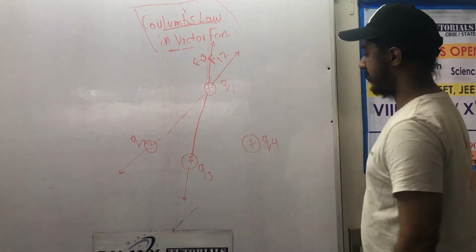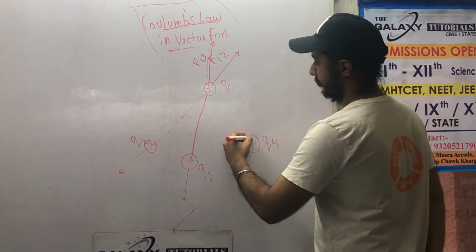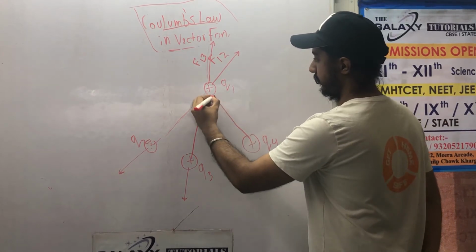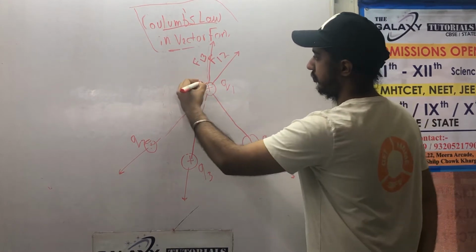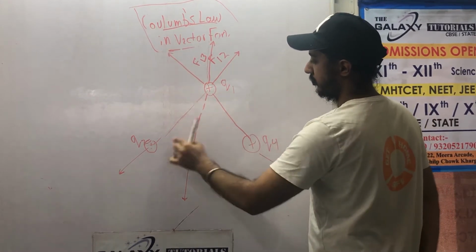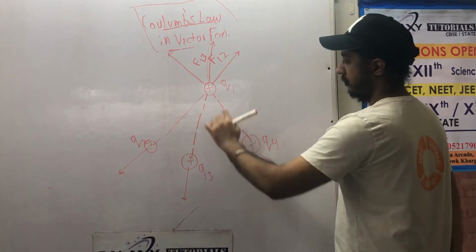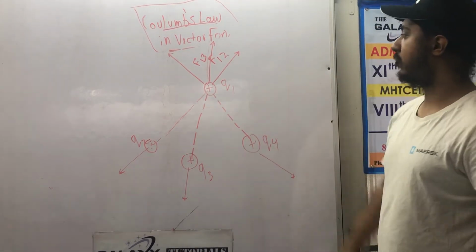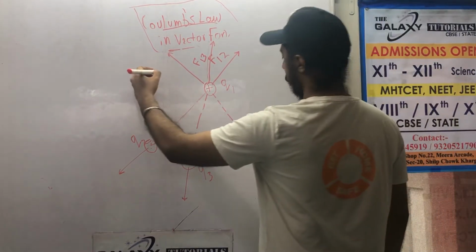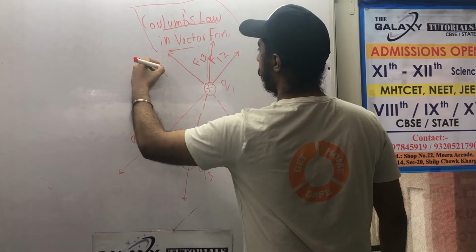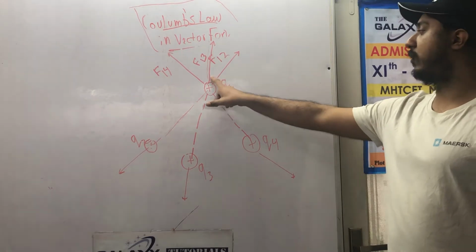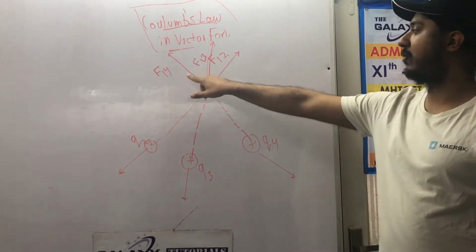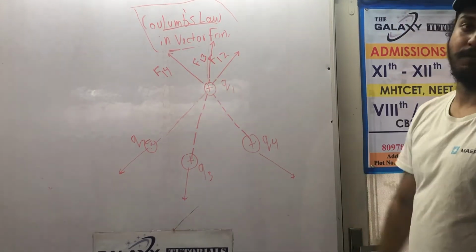And last, this charge will also repel. So the force acting here will be F14. Now you can see there are three forces acting on this charge: F14, F13, and F12.